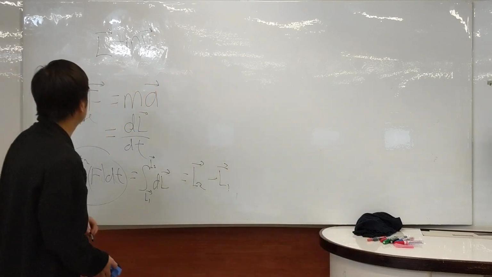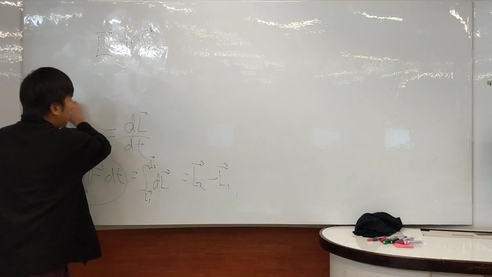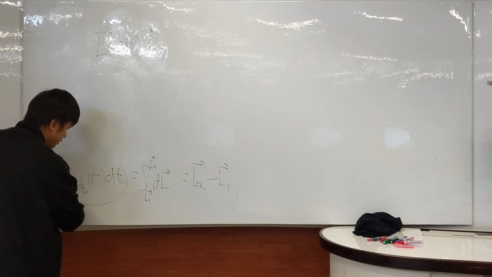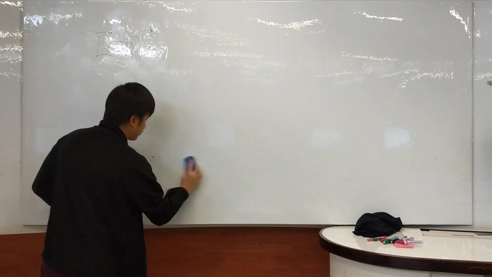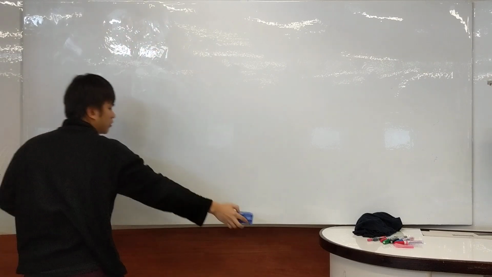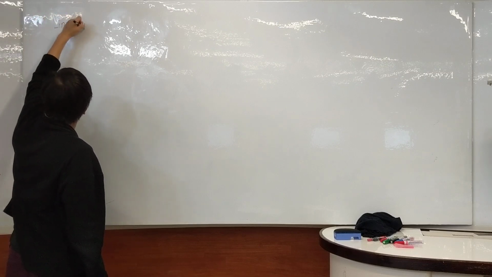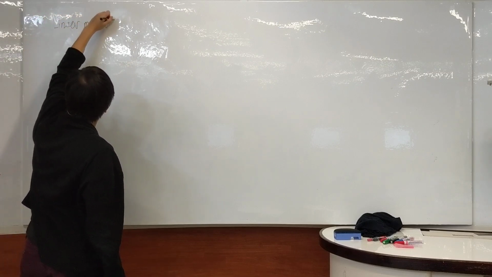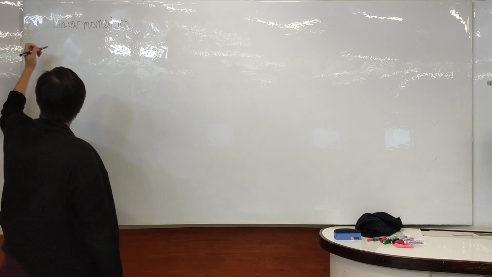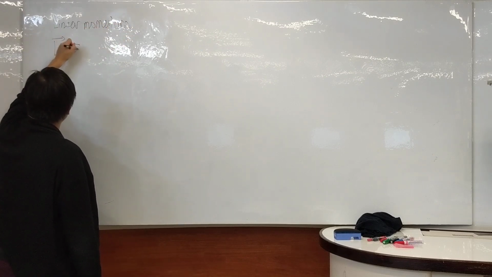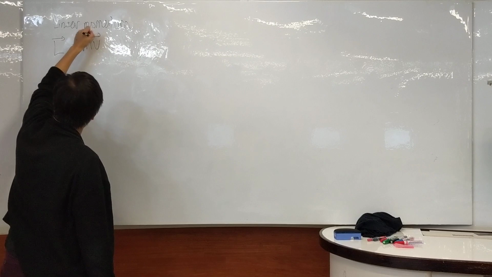I'm just going to put all these terms on one side. As for linear momentum, we have the momentum term: linear momentum is equal to mass times the velocity of a particle.